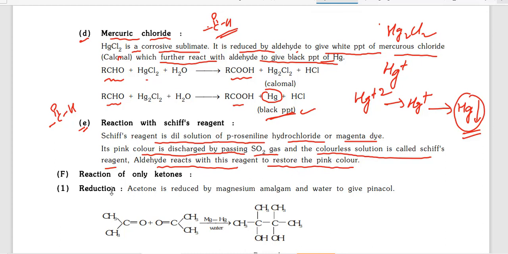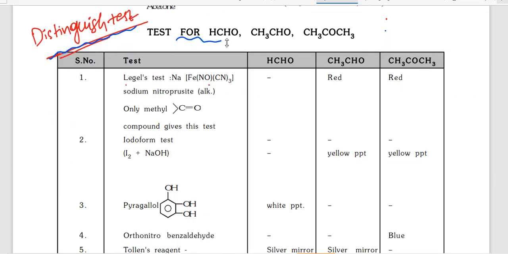Now, these are the aldehyde confirmation tests. Suppose aldehyde and ketone are there. Tests for formaldehyde, acetaldehyde and ketone. Test number 1, Legal's test, the sodium nitroprusside test.